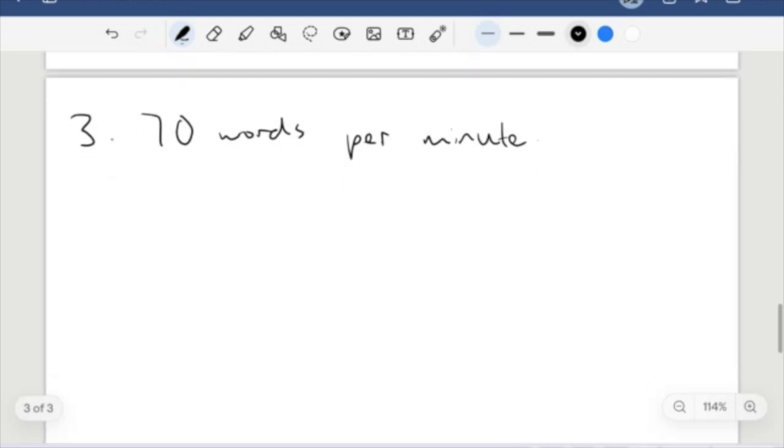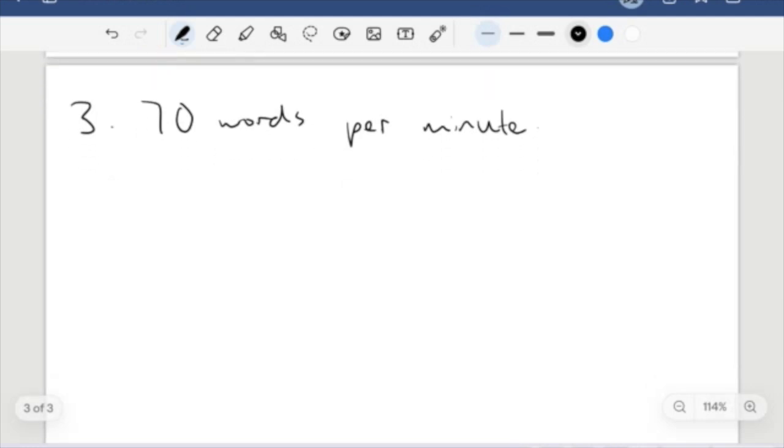So, we want to get from 70 words per 1 minute into 20. This one is actually not as hard as the previous one, because we have 1 minute, and we just want to figure out how many words in 20 minutes.